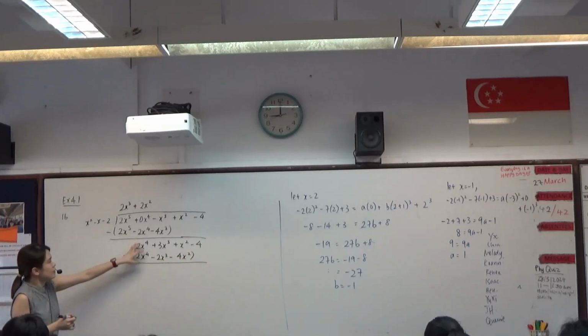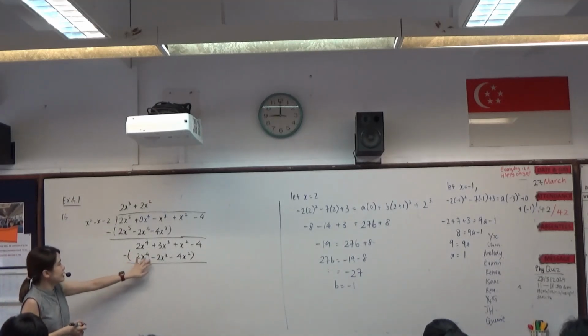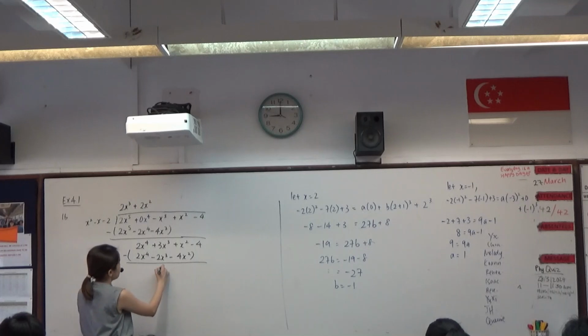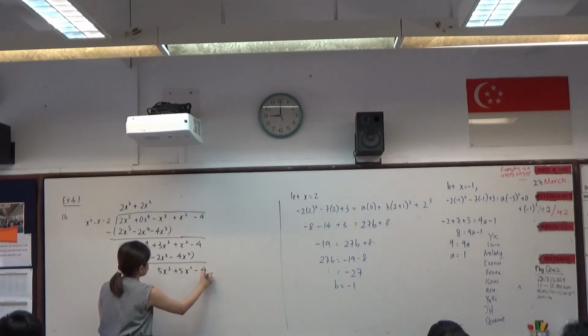So the x power 4 term is addressed, plus 3 minus negative 2, that's a plus 2, so 5x cubed plus 4, 5x squared minus 4.